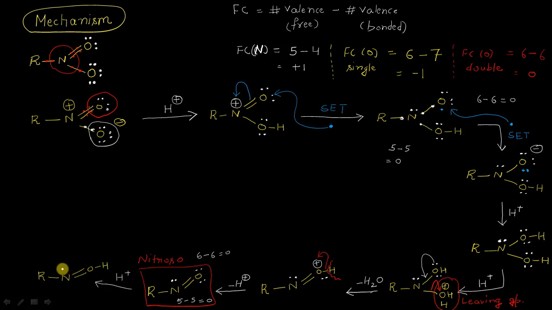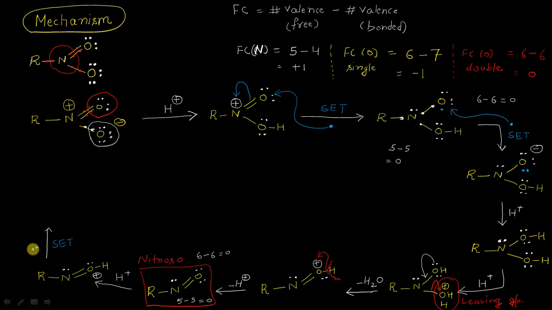This has its lone pair as usual, and because one lone pair has been utilized, this has just a single lone pair. Moreover, a positive charge has to be put over this oxygen atom as a formal charge.